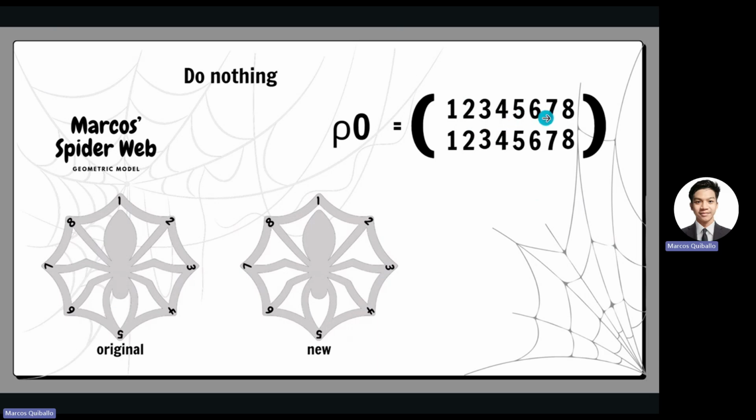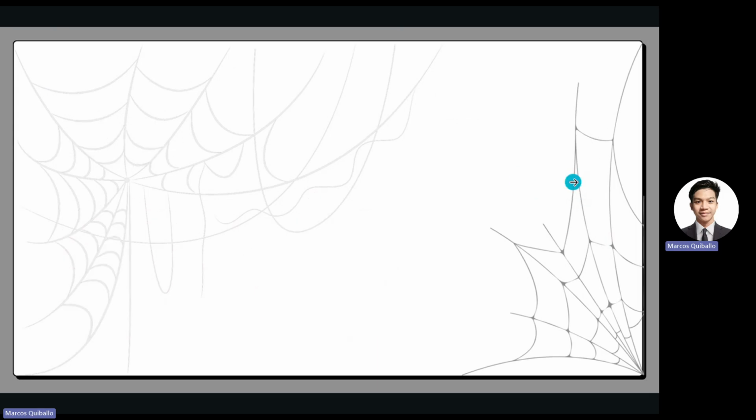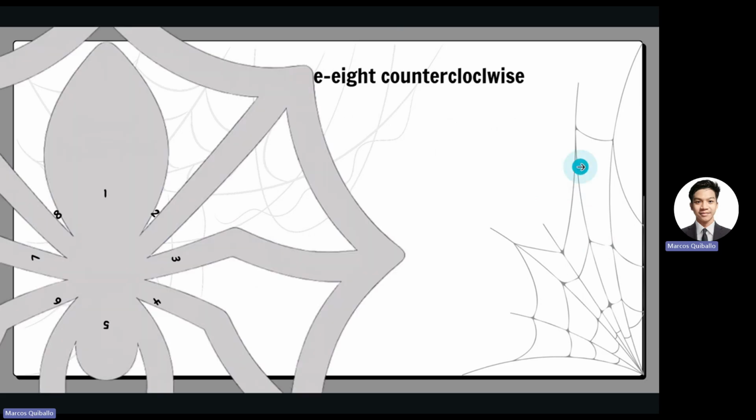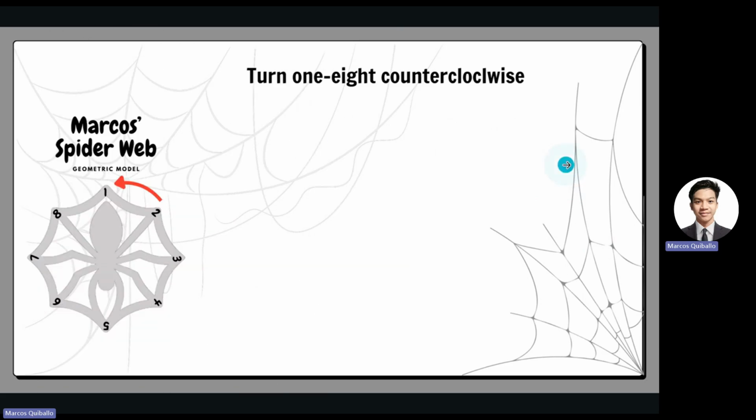Since there is no movement here, it is stated that 1 is mapped to itself and also for the other numbers.